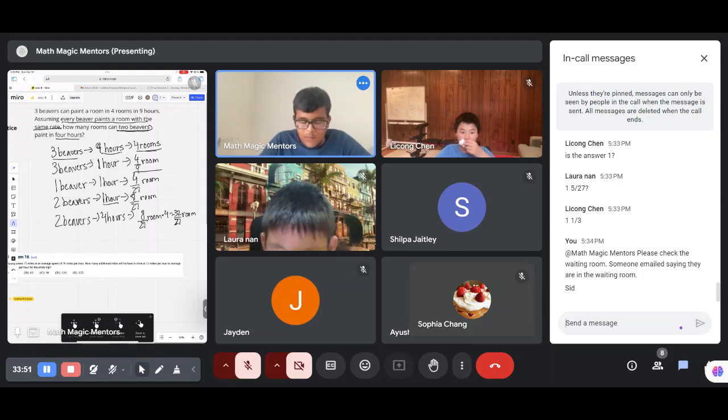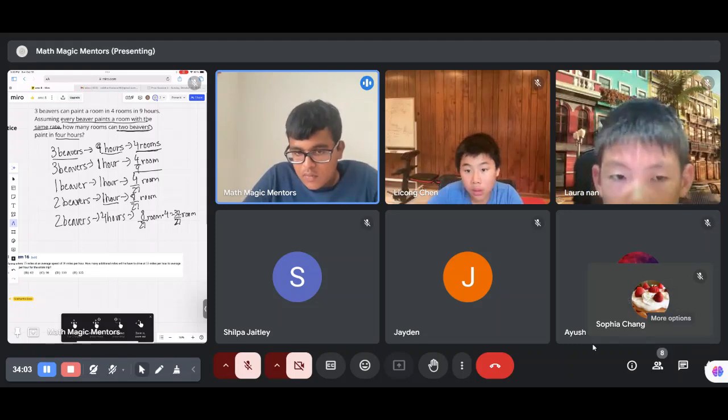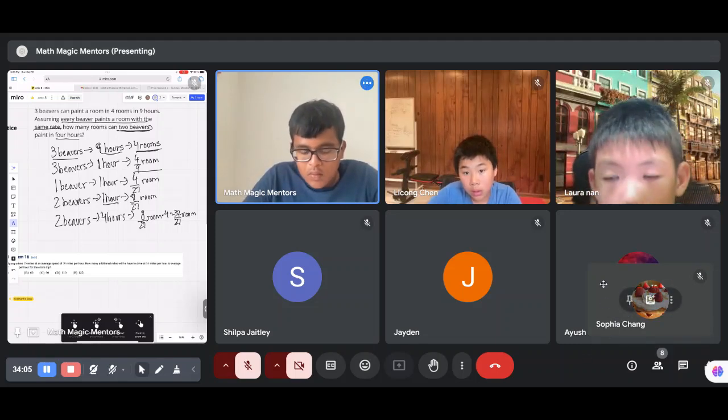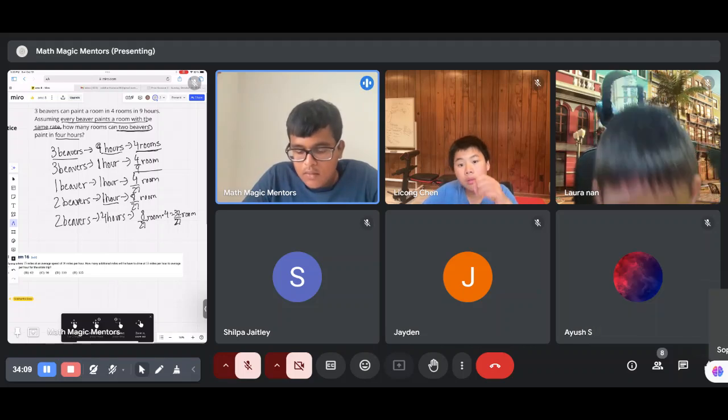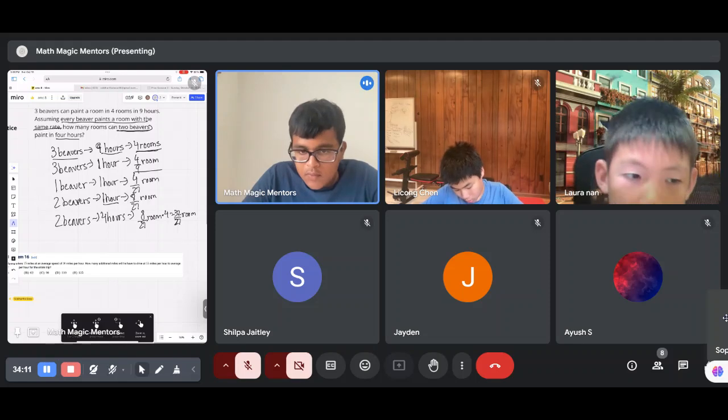Then we thought about how much three beavers paint in 1 hour, which is 4/9 of a room, because obviously if you have less time, you're going to do less, right? So if you have 9 hours to paint four rooms, then you have 1 hour to paint 4/9.